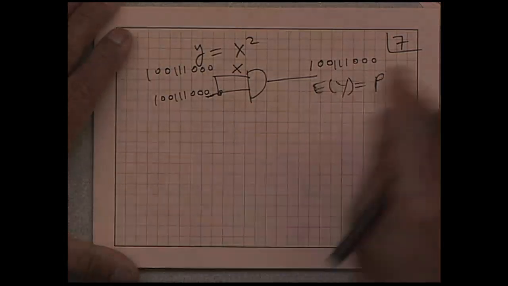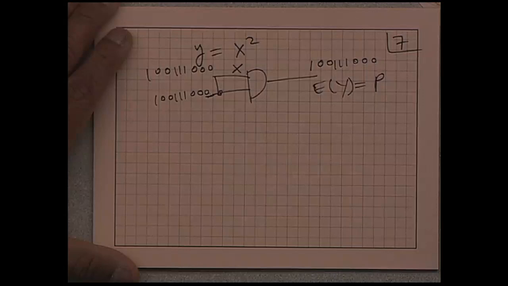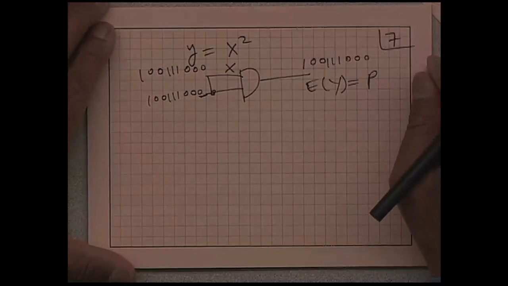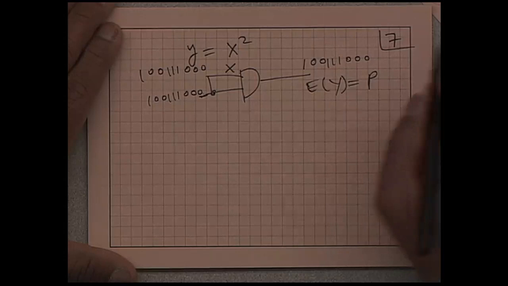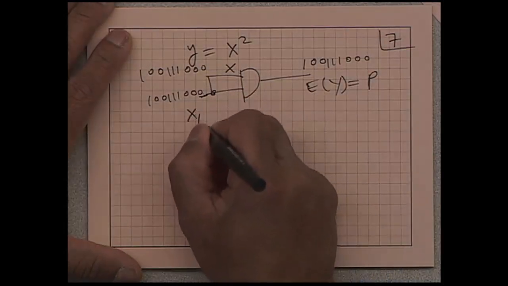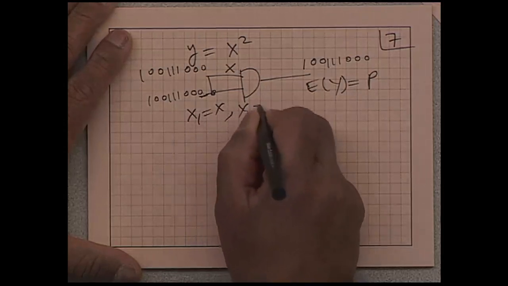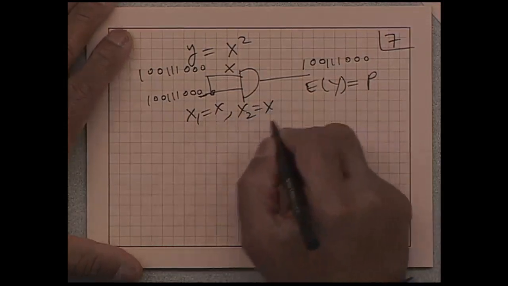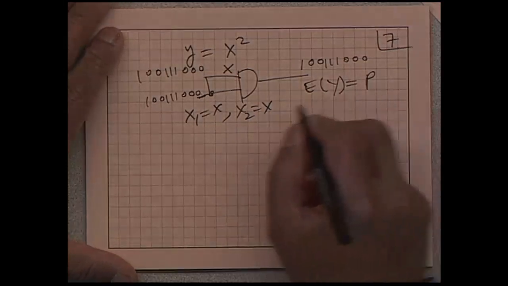Why is that? Well, the reason I was able to compute the product x1 times x2 is because of the lack of correlation, or the independence. Now if I feed the same x to both, x1 equal to x and x2 equal to x are highly correlated. In fact, they are so correlated that the correlation coefficient is 1.